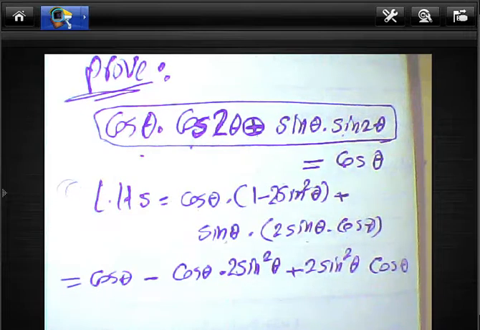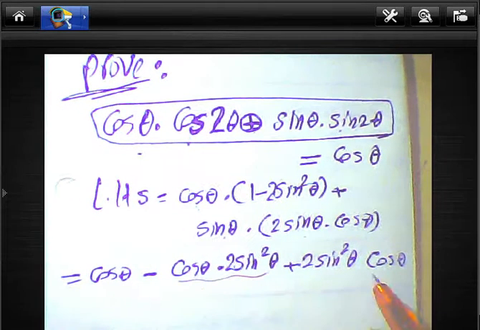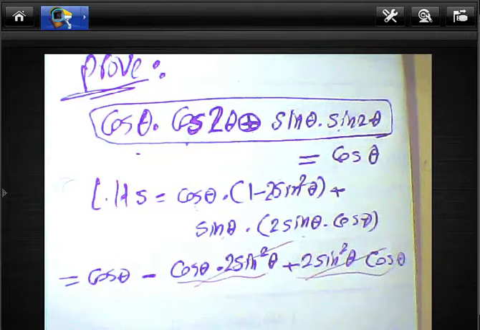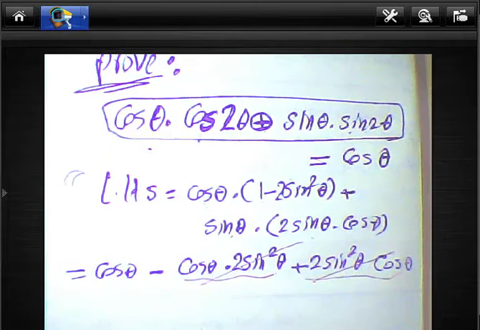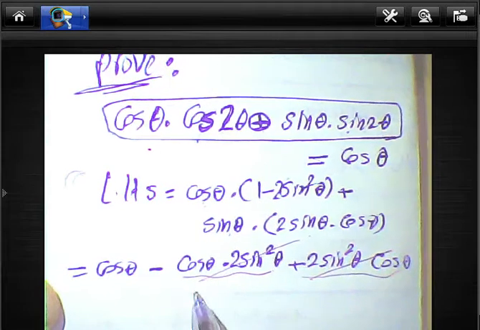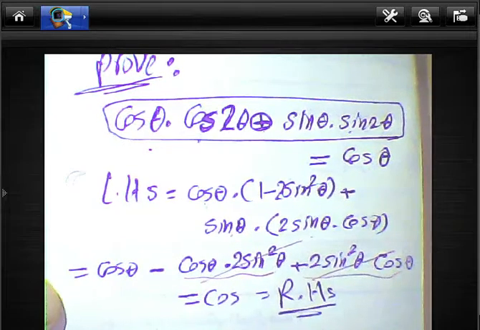And then we can simplify it. We can cancel these two expressions, because we have similar terms but the sign was converted, and the result will be cosine theta. So the left hand side equals the right hand side. Prove that.